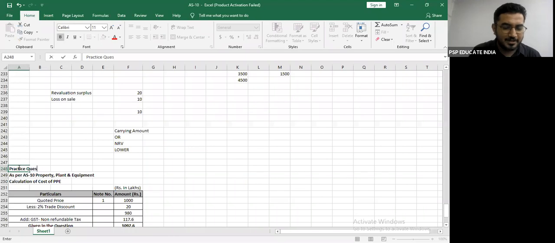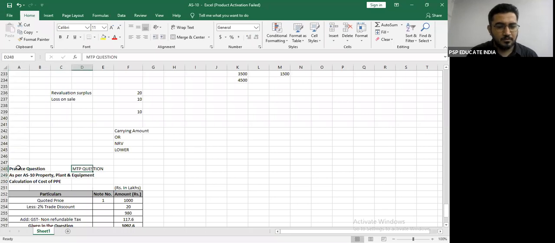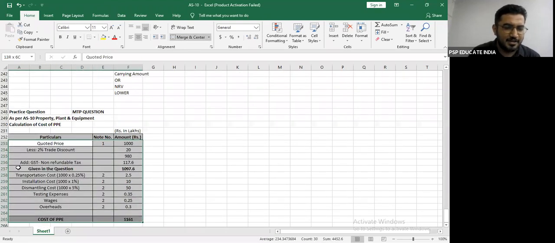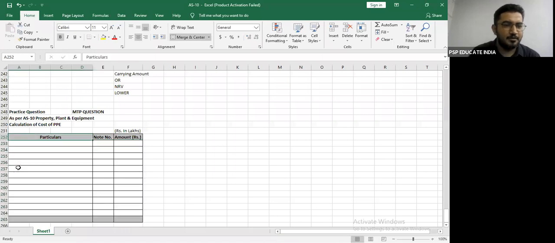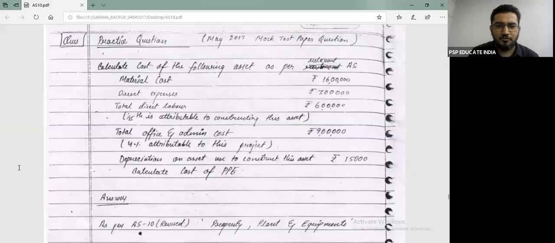This is your practice question and your mock test paper question. Your first statement will be, as per accounting standard 10, property, plant and equipment, calculation of cost of PPE.